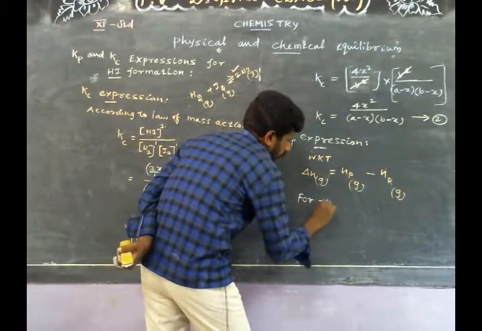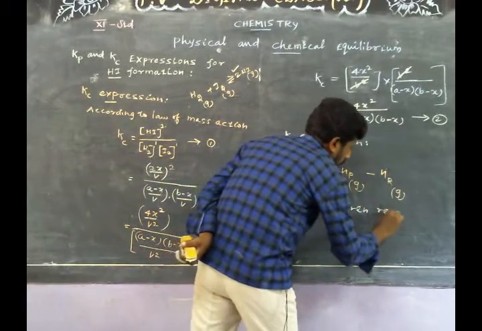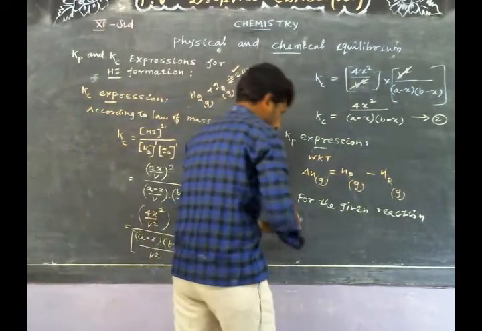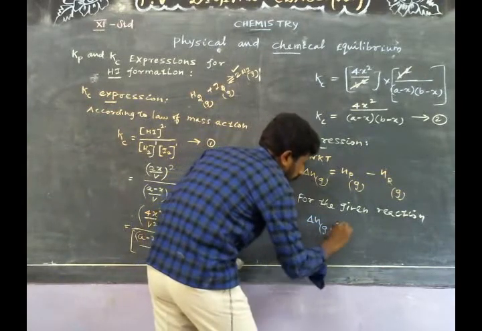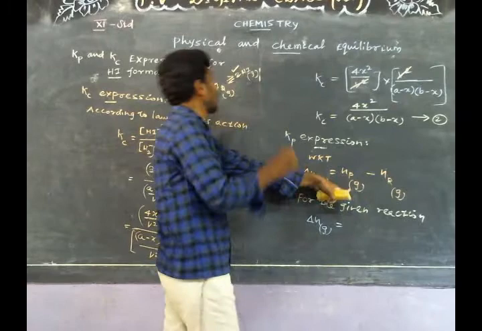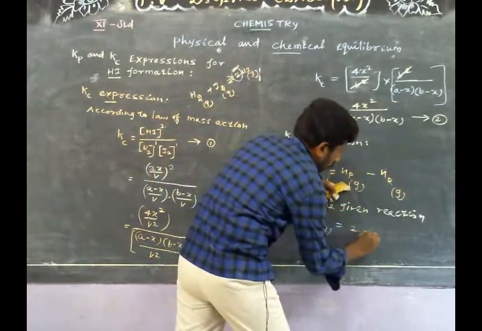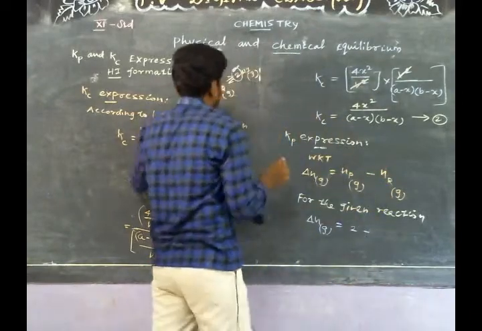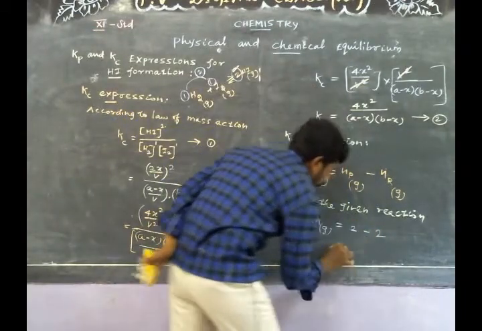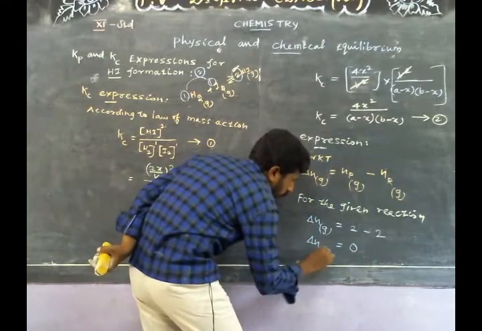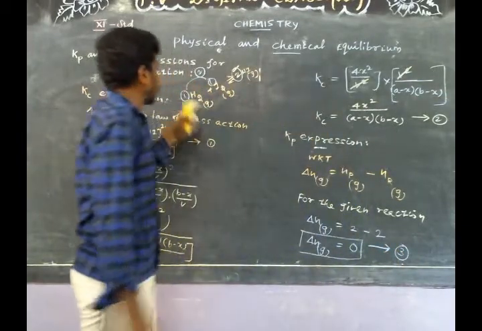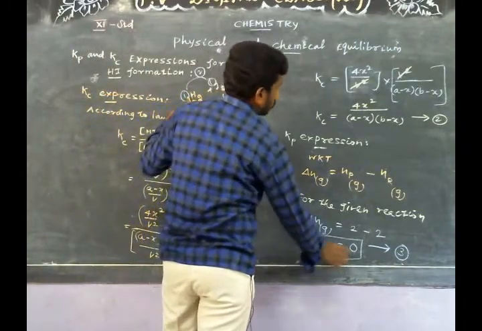For the given reaction, delta Ng is equal to Npg is replaced by 2 minus Nrg is replaced by 2. 2 minus 2 is equal to 0, which is delta Ng. This is equation number 3.